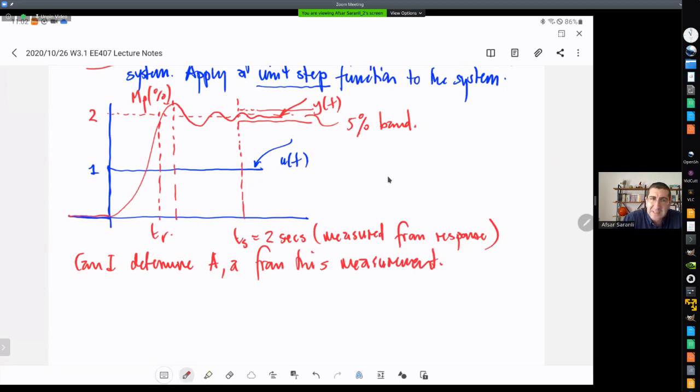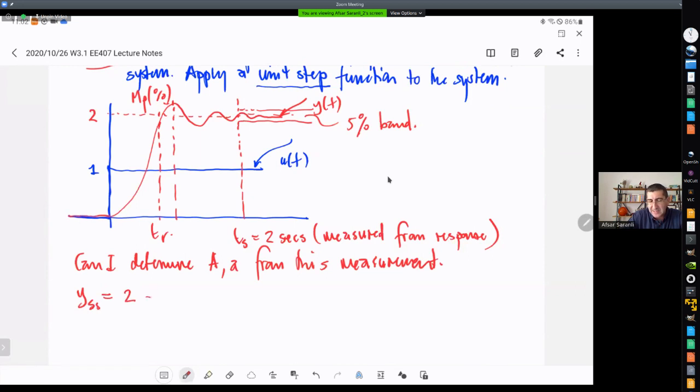Well, yes, that's correct. So steady state error. In fact, the final value of the output, y steady state, is equal to 2.